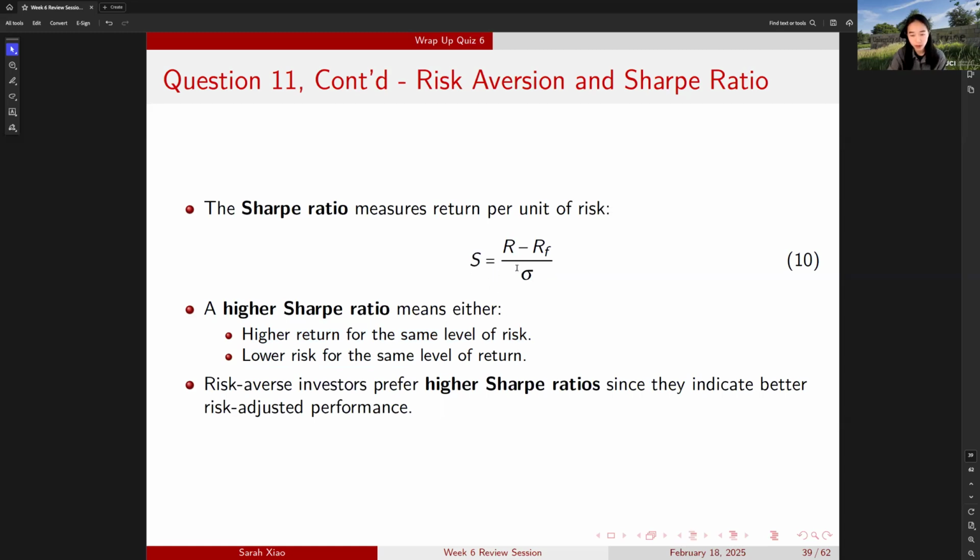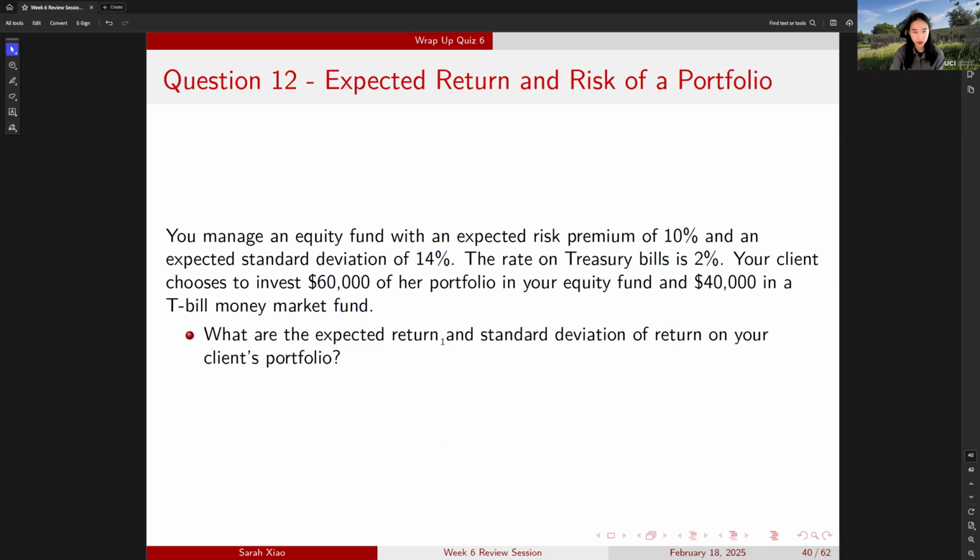So from the formula, we can know that if we increase the numerator and keep the denominator the same, we will get a higher Sharpe ratio, which means higher return. And if we decrease the denominator and keep the numerator the same, we will get a lower Sharpe ratio. Therefore, the risk-averse investors prefer higher Sharpe ratio since they indicate better risk-adjusted performance. Okay, so let's conclude question 11.